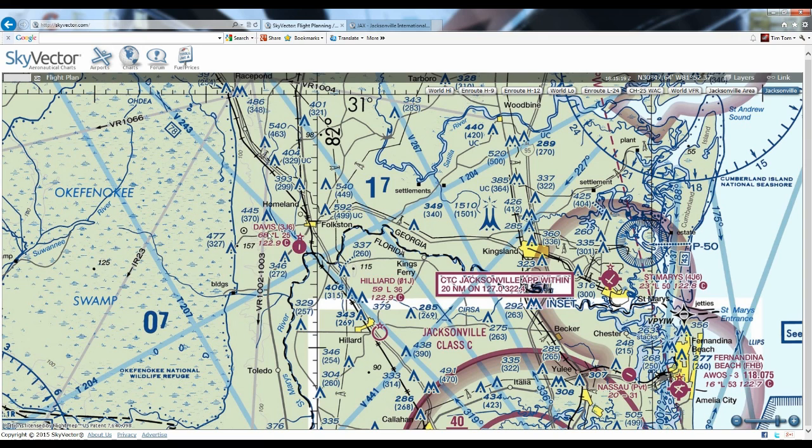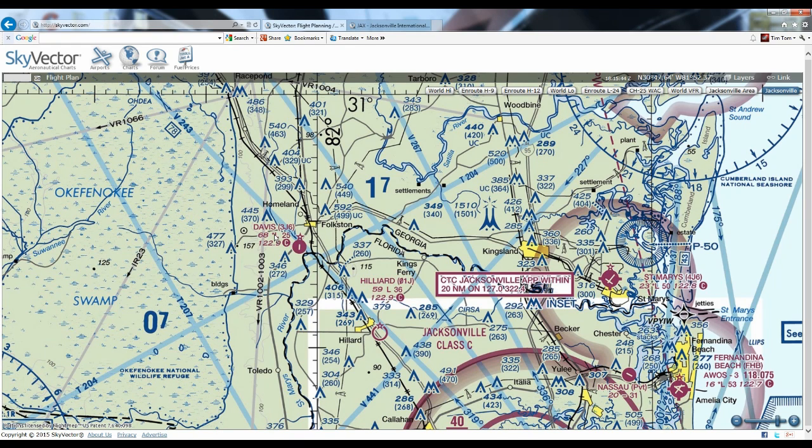If you see the asterisk, that indicates that there are lighting limitations, and you need to refer to the AFD for what those limitations are. So here we see 68 L with the asterisk, but down here we see 59 with just the L. What that means is Hilliard is 59 feet above sea level, and the L means that it has runway lights that are on from sundown to sunup, dusk to dawn.